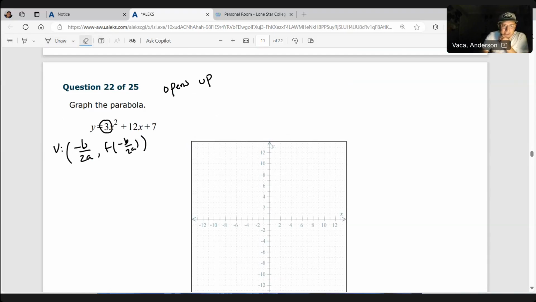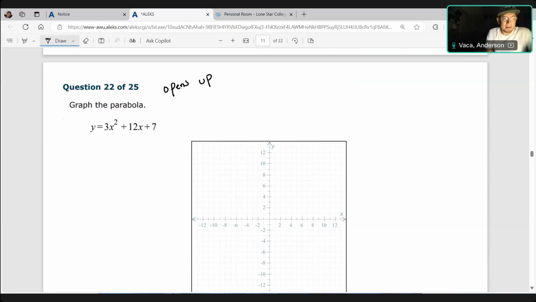Let me write this a little nicer. It's already a long video anyway, so might as well just take my time here. I want to find the vertex by using this formula, or technique. It's my video anyway, so I'll call it formula.